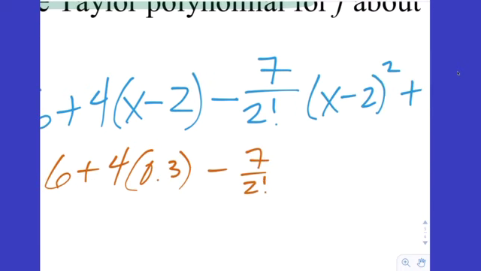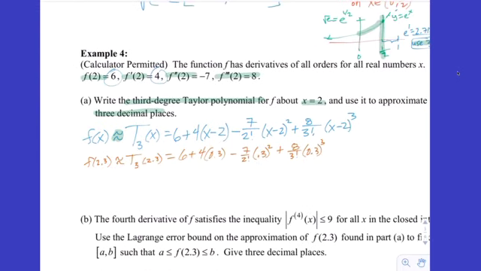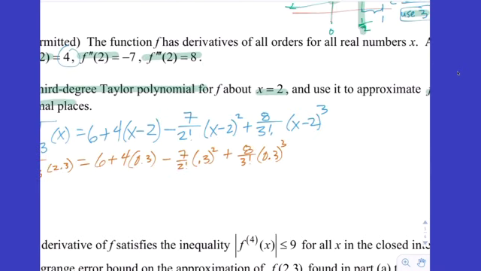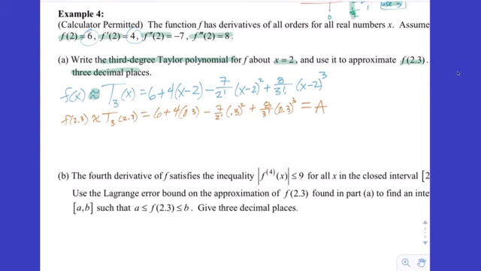Minus 7 over 2 factorial times 0.3 squared plus 8 over 3 factorial times 0.3 cubed. Right? It's a calculator question, so it said give 3 decimals. Because we're short on time, I'm just going to say that equals A. All right? Some number, 3 decimals. Type it in.